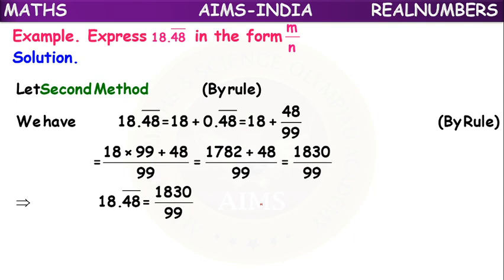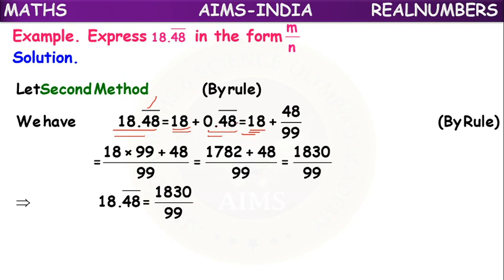Or we can do it in another way. By rule, we have 18.48 bar. So here, let's separate them. 18 plus 0.48 bar we can write. 18 will be like that only. 0.48 bar means, how can we write?